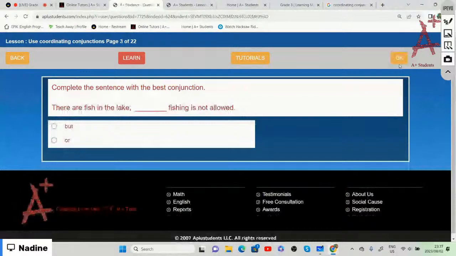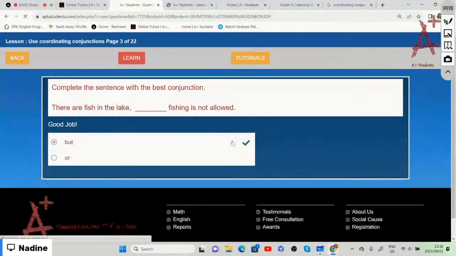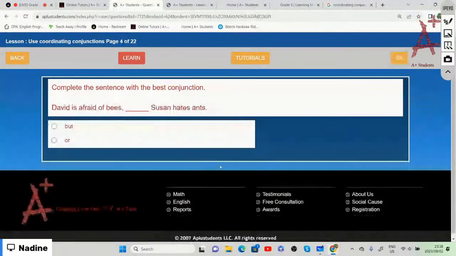There are fish in the lake, but fishing is not allowed. As much as the fish are in the lake, you cannot fish. So but is correct.